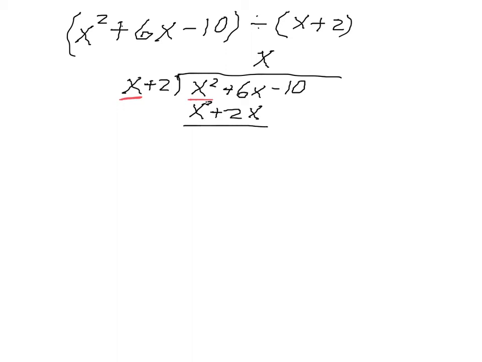Now, I subtract these two. Well, the x squared minus x squared cancels. That's 0. 6x minus 2x comes out to be 4x. And then I bring down the minus 10.